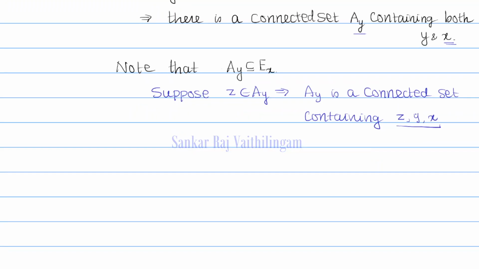அப்போ இதை ஒரே ஒரு லைன் மட்டும் தனியாக எழுதிக்கிறேன். That implies that A suffix y is a connected set containing z and x. அப்படின்னா என்ன அர்த்தம்?